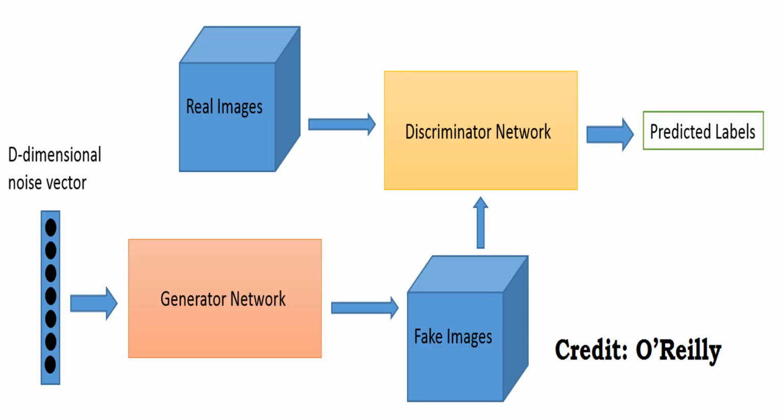Whether these data instances are real or not, or how real they are, is authenticated by the discriminator algorithm. This discriminator takes the data instances from the generator algorithm and checks how real they are with respect to the training data set, meaning whether it belongs to the training data set or not, and classifies it as real or fake.